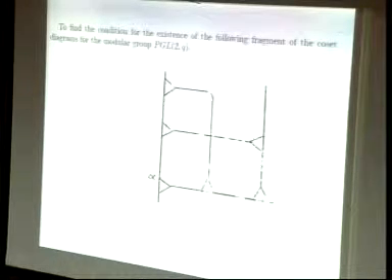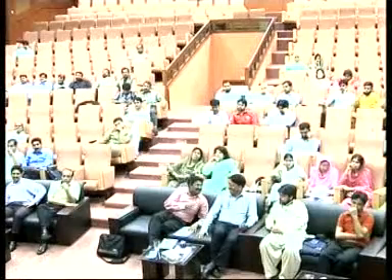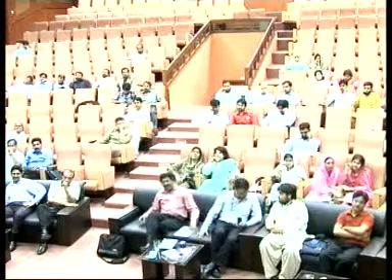Now I come to the last part of my discussion. Remember, we started with a coset diagram of infinite cases. In that we had the closed paths of various types. We reached a very important result which told us that actually there are only 3 types of circuits, 3 types of closed paths we get in this case.